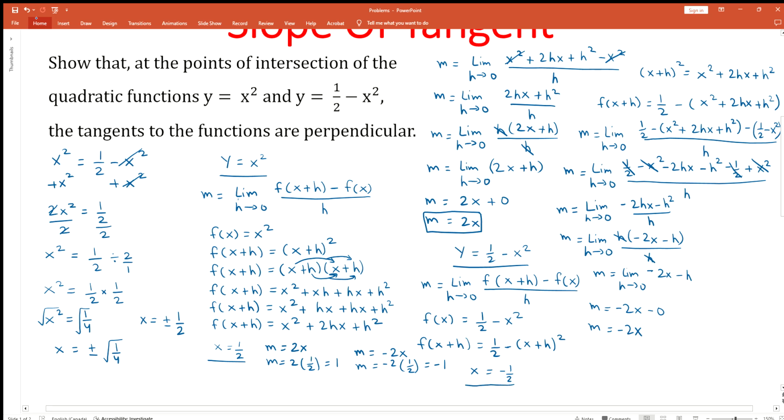We should sub in x equals negative 1 over 2 in the first expression for slope, m equals 2x. 2 times negative half is equal to negative 1. Next, we can sub in x equals negative 1 over 2 in the other expression for slope of tangent.